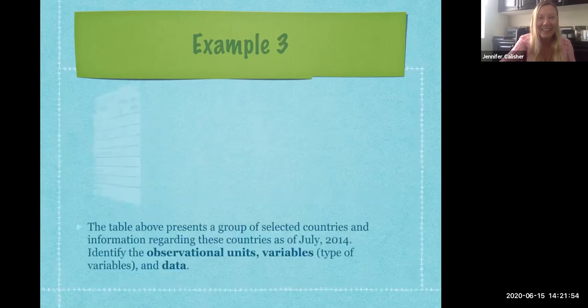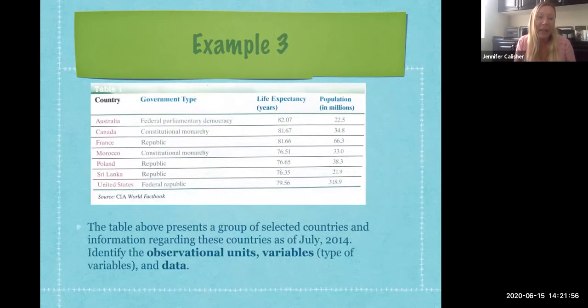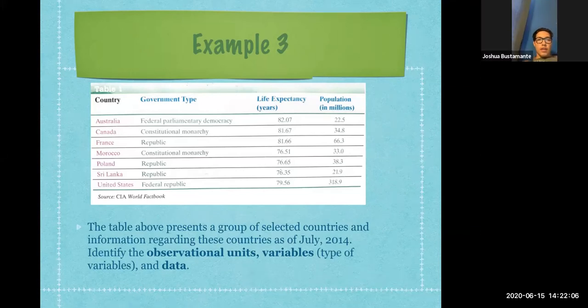Okay. Example number 3, here's the table for you all to look at. Again, I can't read everything at the bottom of it. So Joshua, can you read the bullet point in blue for me? Yeah, sure. The table above presents a group of selected countries and information regarding these countries as of July 2014.